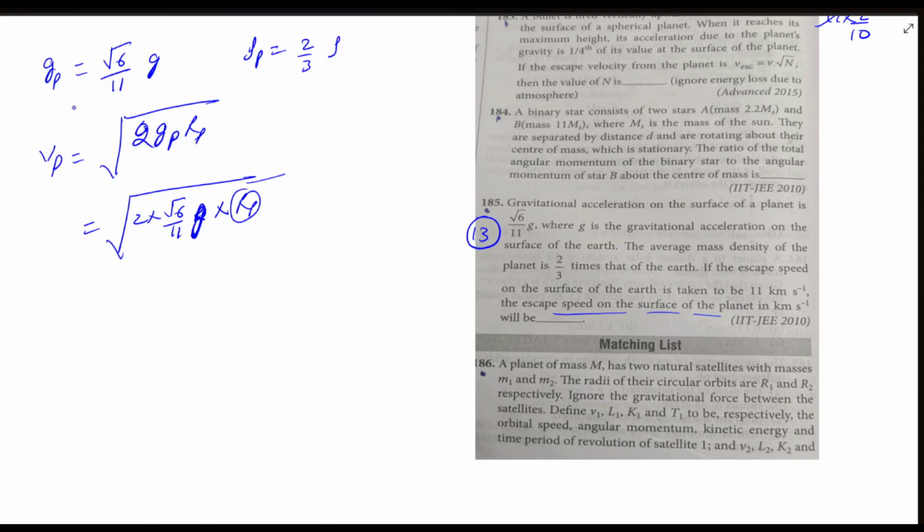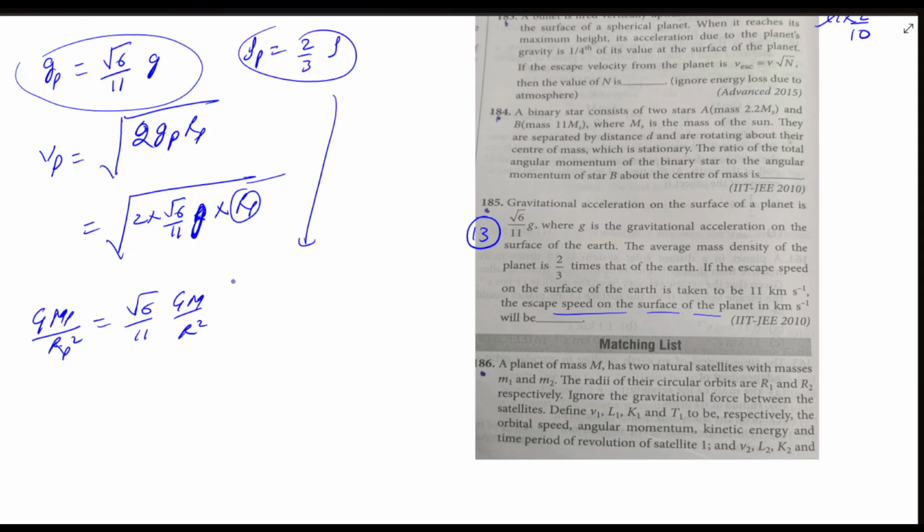Now for that, let's see what this is. So gp will be G Mp upon rp square, equal to root 6 by 11 times G M upon r square. And what is this? It will be the density of the planet.